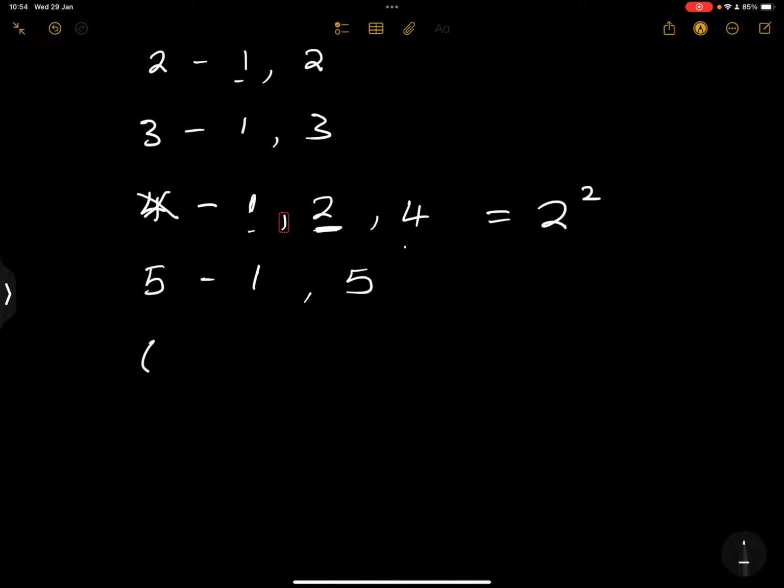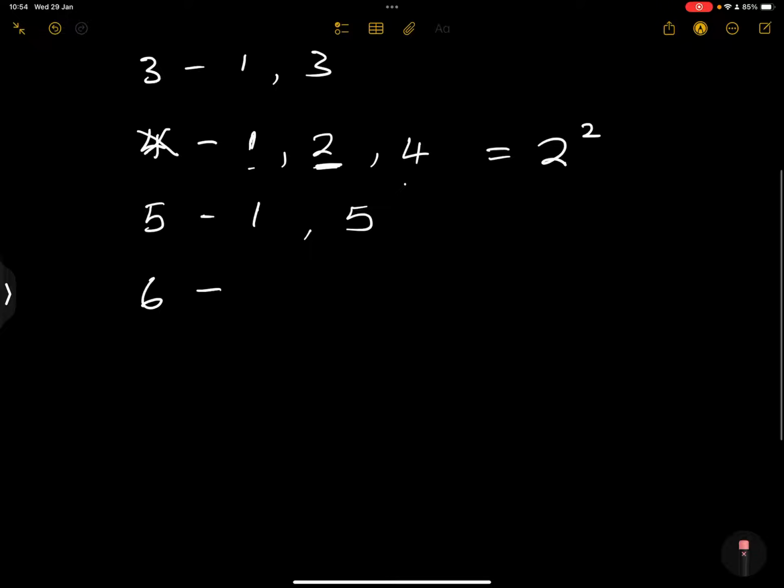But if I were to write 6, how can I write 6 in prime bases? 6 just simply becomes 2 multiplied by 3. Remember, it is not a prime number, but it does have prime factors, in this case being 2 and 3. So 2 times 3 gives us 6.